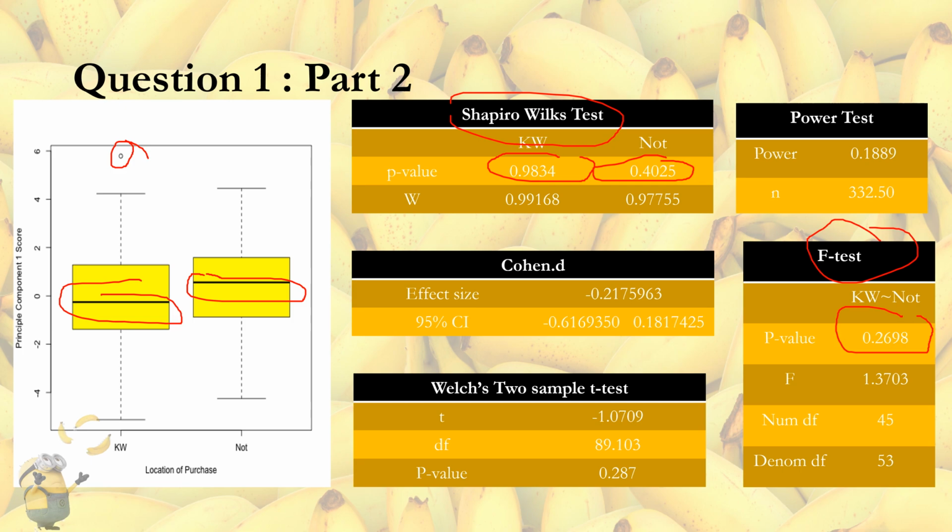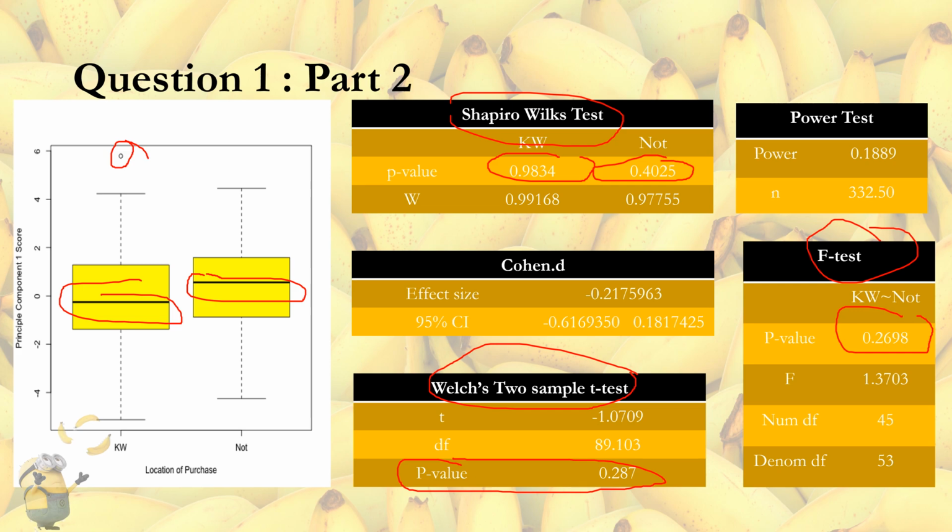And since the variances are similar between groups or variables, we're going to be using this Welch's two-sample t-test to compare the means between the groups. And again, we have a p-value greater than 0.05, which indicates that we have the same means between the groups.